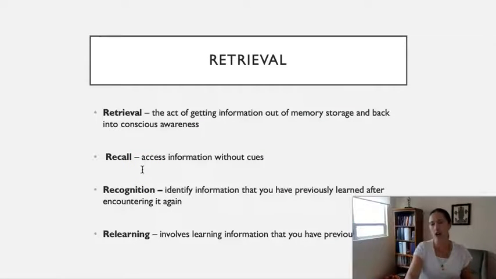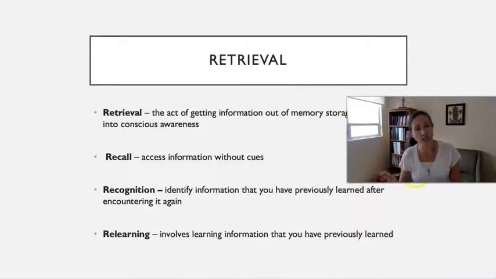For retrieval, there are 3 ways to retrieve information. You can use recall, recognition, or relearning. So let's go over these. Recall is when you access information without cues.